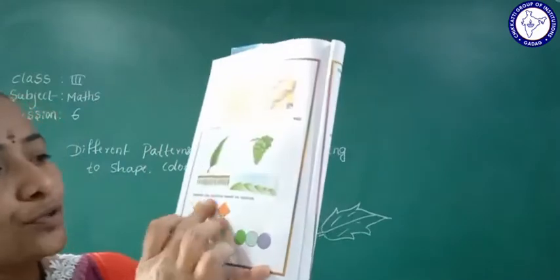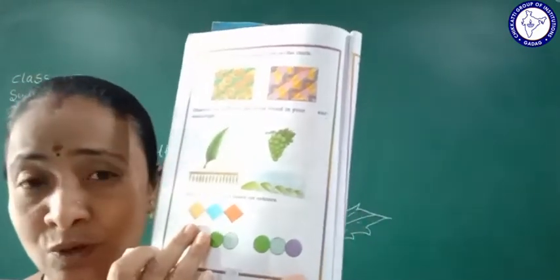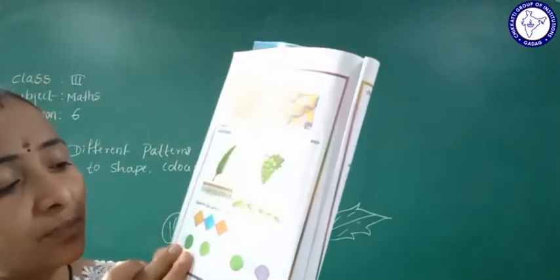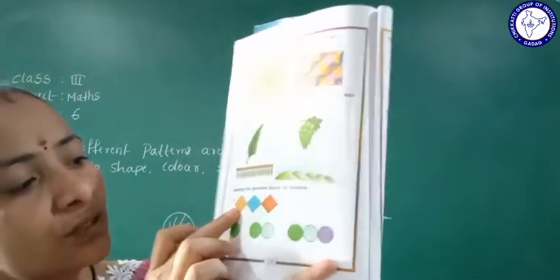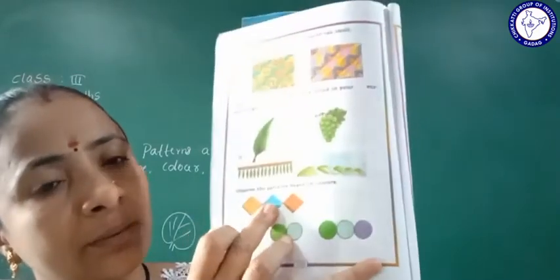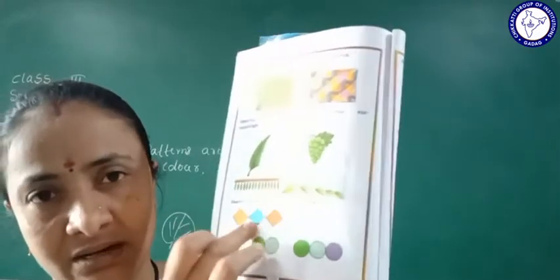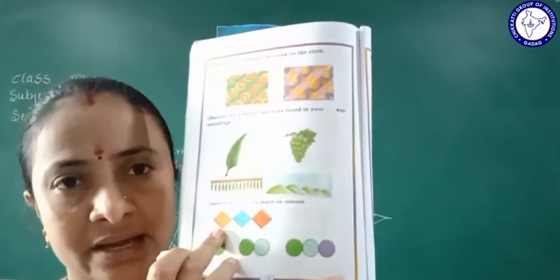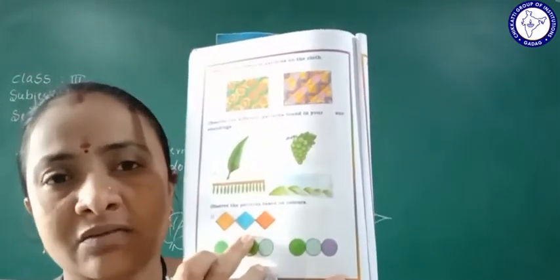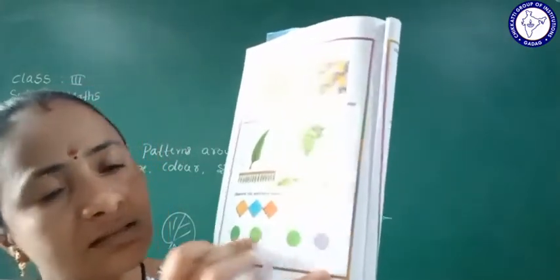Yes, so observe the pattern based on color. What can we observe here? Colors of patterns. Here see, it is orange, blue and red. It is yellow, then blue and orange. You can see the colored pattern, different colors in this pattern. This is a square. Yes, all these are squares but in different colors. And here see, these all are circles.